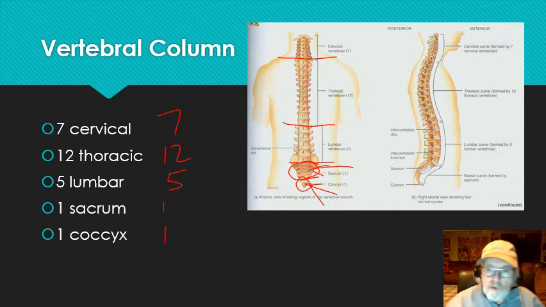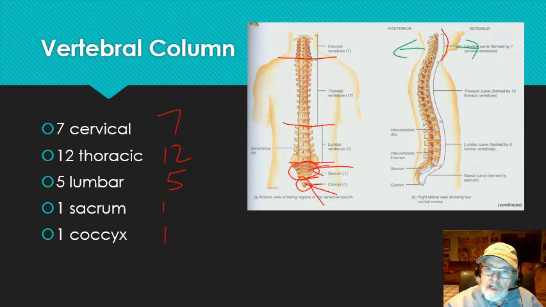Now, I mentioned before that there are some curvatures of the vertebrae. If we look at the cervical area, it's concave posteriorly, convex anteriorly. Okay, so concave posteriorly, convex anteriorly.